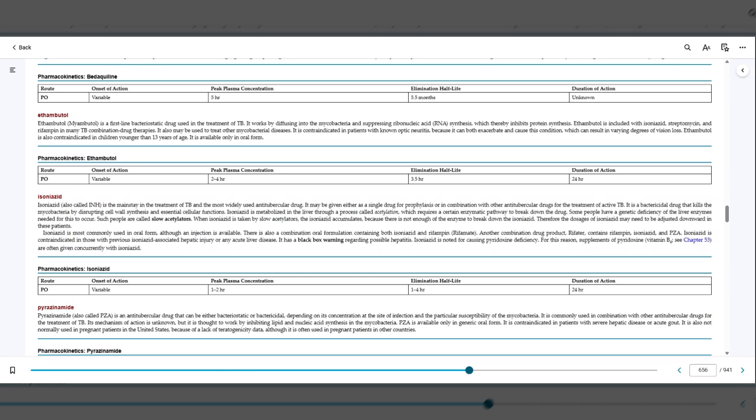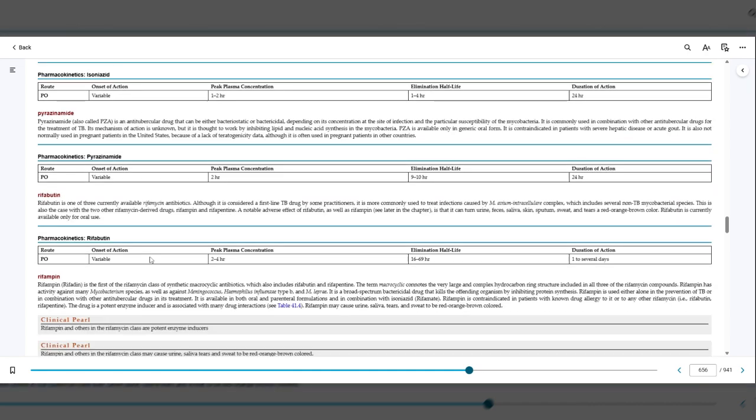It's metabolized in the liver, though, so we want to make sure that patient has good functioning of their liver. It's also noted to cause pyridoxine, which is vitamin B6 deficiency. So frequently we'll have to give patients supplements of vitamin B6 while they're taking this medication.